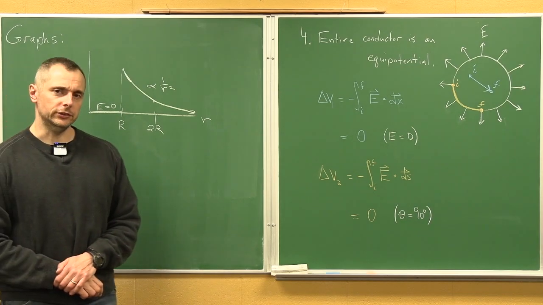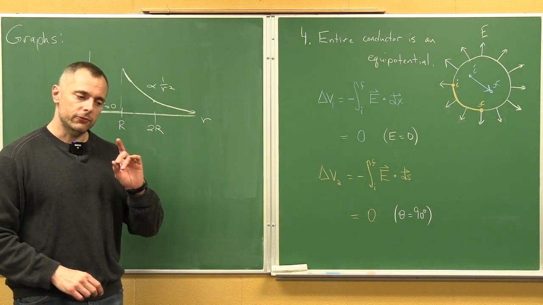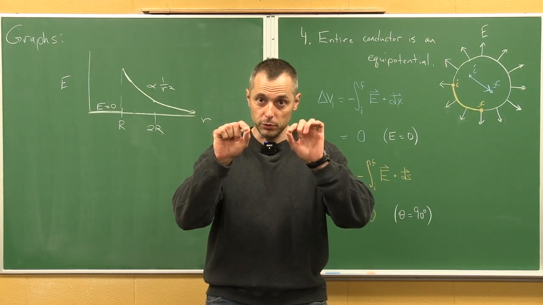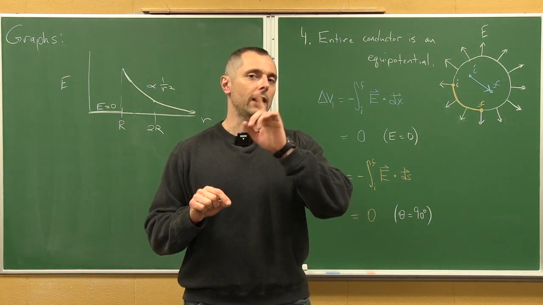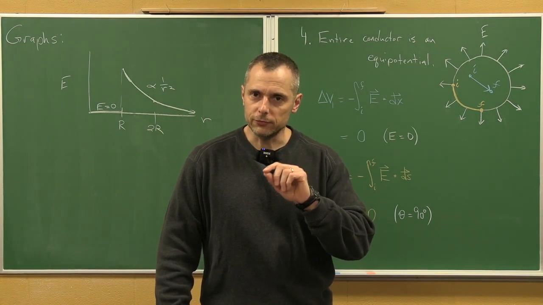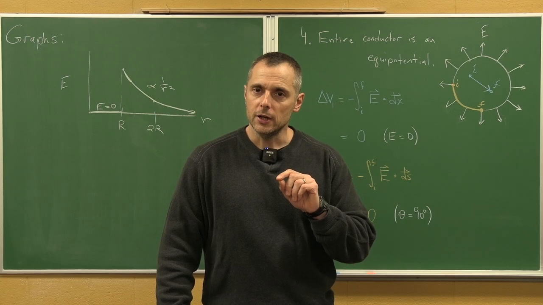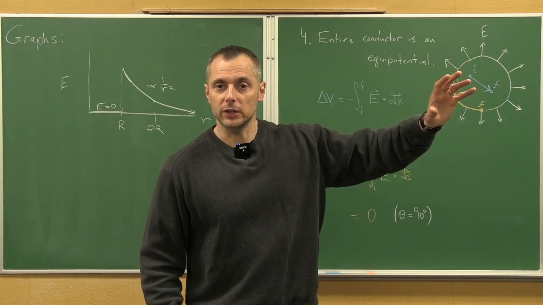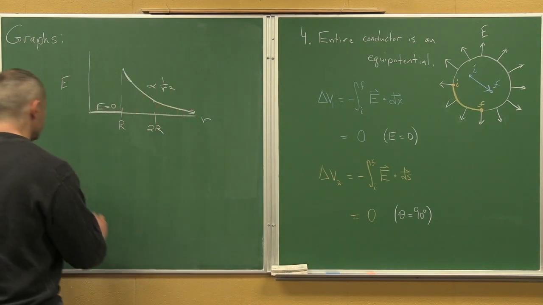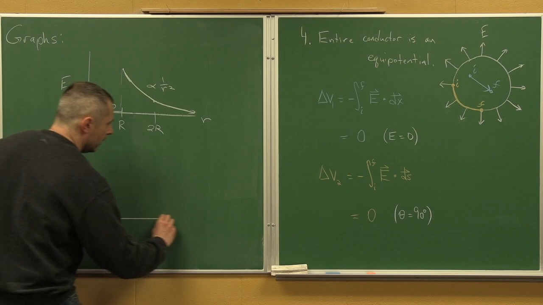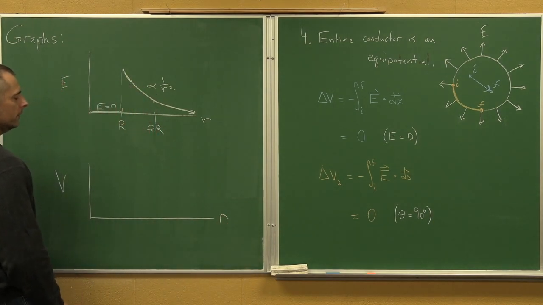How about the voltage, the potential of, and remember, delta V is the voltage between any 2 points. V, without a delta, means still the voltage difference between 2 points, but one of the points is infinity, deep outer space. So when I say V, it's the electric field integrated from outer space inward.